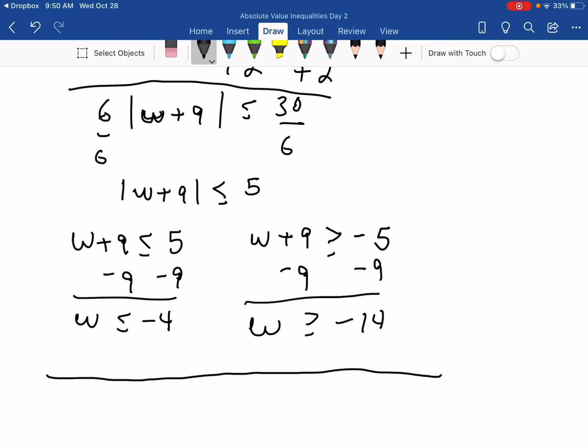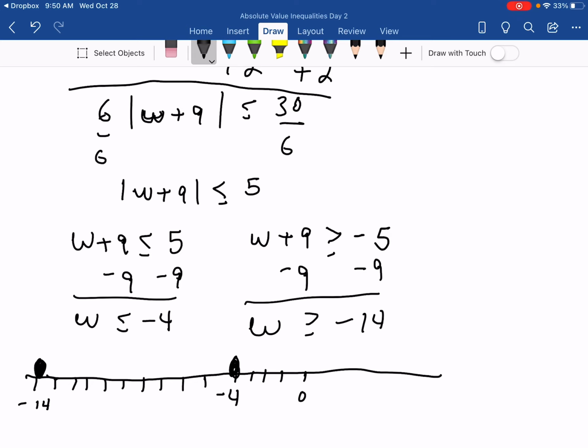So what does that look like? Here's 0, negative 4, closed circle, 5, 6, 7, 8, 9, 10, 11, 12, 13, 14. Okay. And then greater than or equal to negative 14.